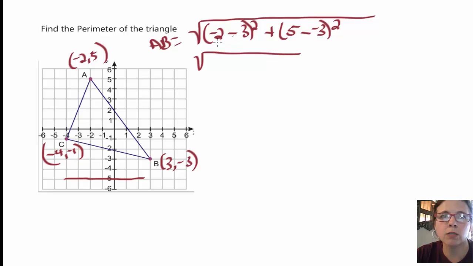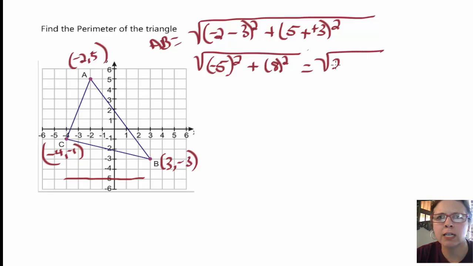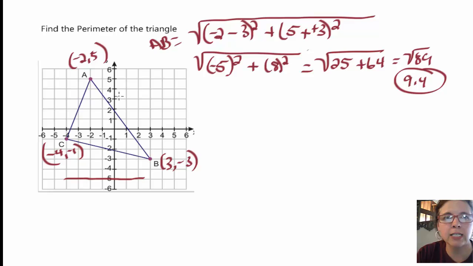So we have the square root of -5 squared, plus this really becomes positive, 8 squared. I feel like this is one we just did. 25 plus 64, which was 89. The square root of 89, which is 9.4. So this distance is 9.4.